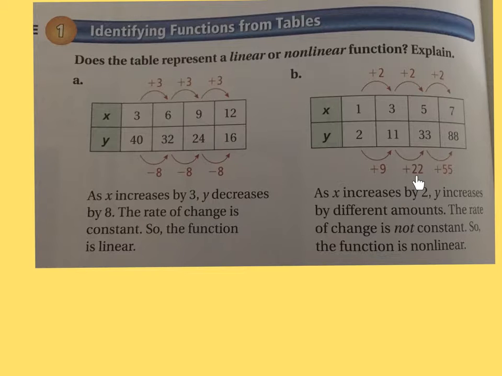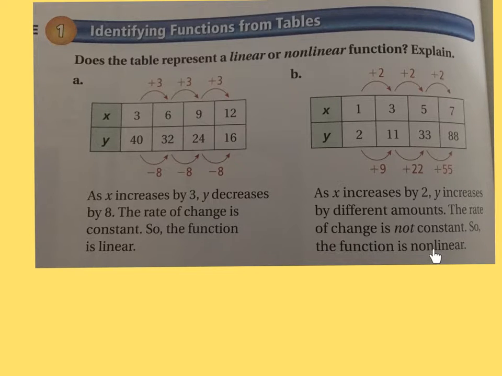Oh, no we don't. We add 22. So right here, we're not constant anymore. This is not a line. Just to make sure, 33 to 88, we're definitely not adding 9. We're adding 55. So although x is constant, y is not. It's going up by different amounts. So this is not linear.